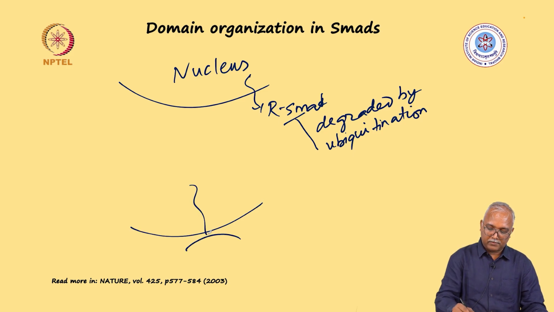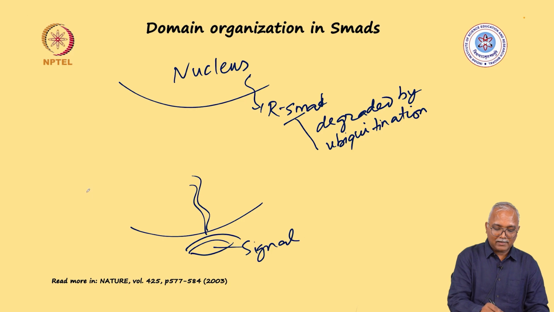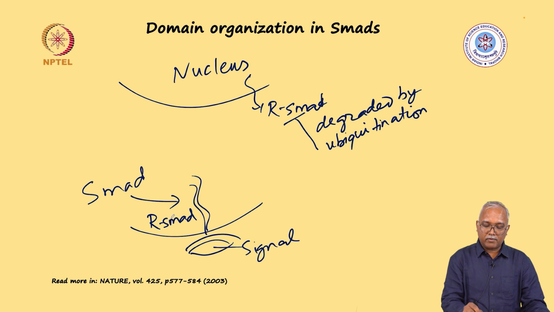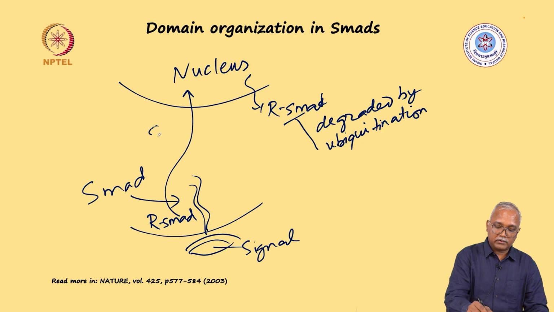So, this is your receptor and this is your signal. There are SMADs which actually compete with binding here and inhibit the R-SMAD binding, so that it cannot be phosphorylated and it cannot move inside the nucleus along with SMAD4.